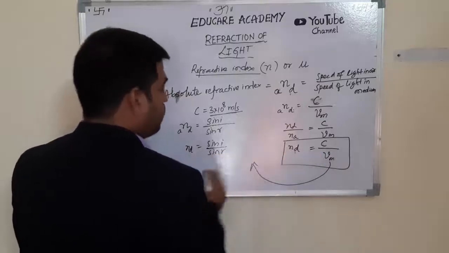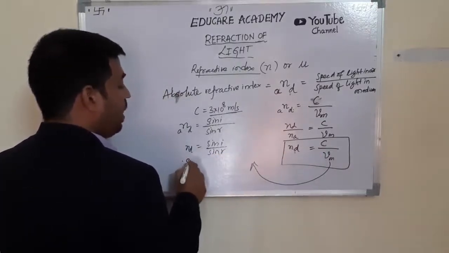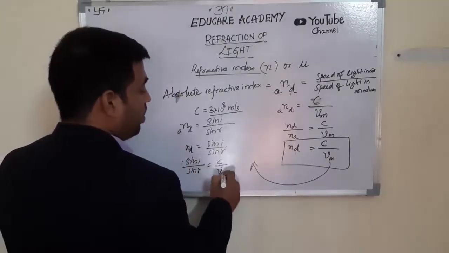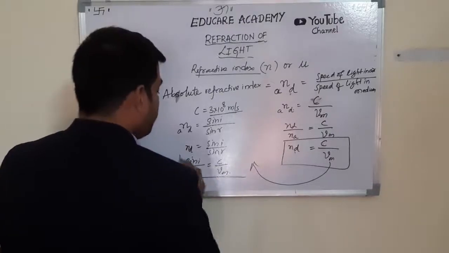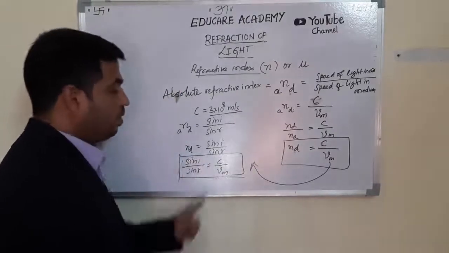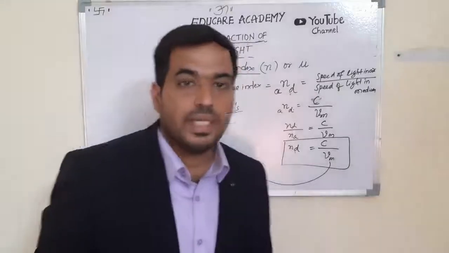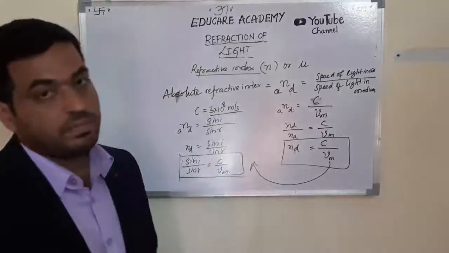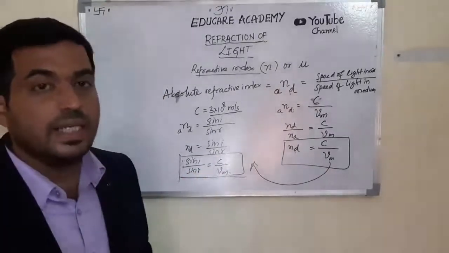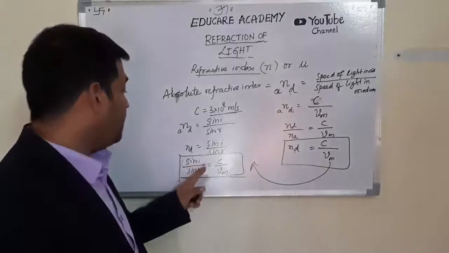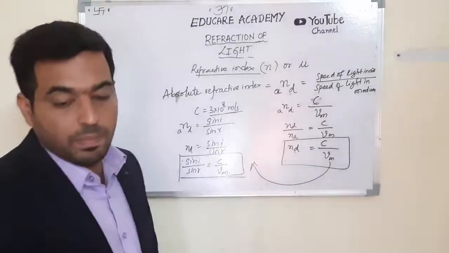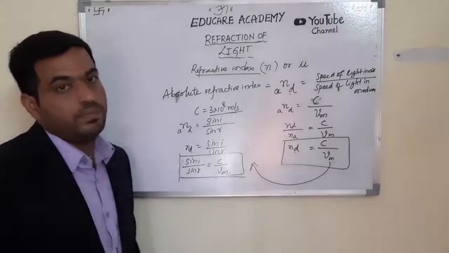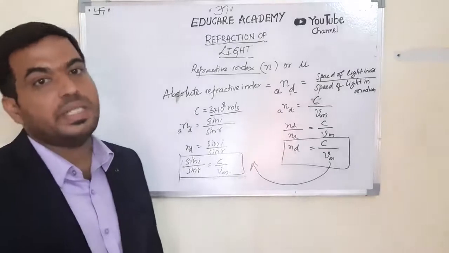So equate these two: sin i by sin r is equal to C by Vm. So from this formula, if three variables are known, you can find out the refractive index or the speed of light in the medium, because C is known, 3 into 10 power 8, and the incident angle and refracted angle will be given. You can find out Vm, that means the speed of light in the medium.